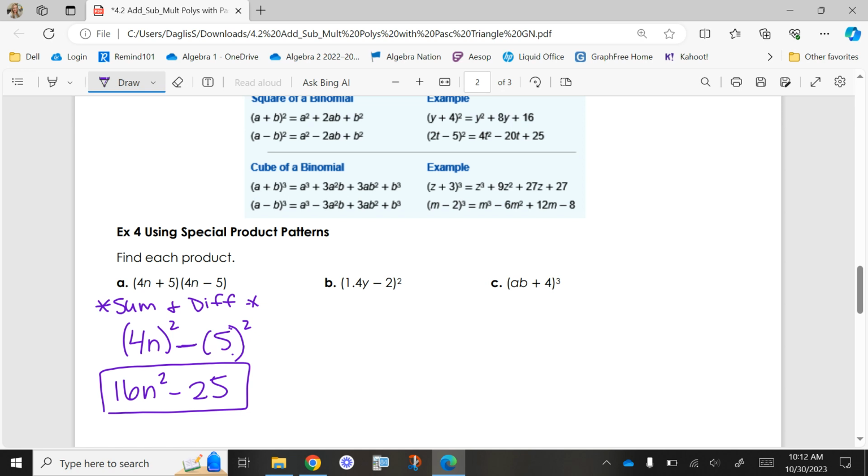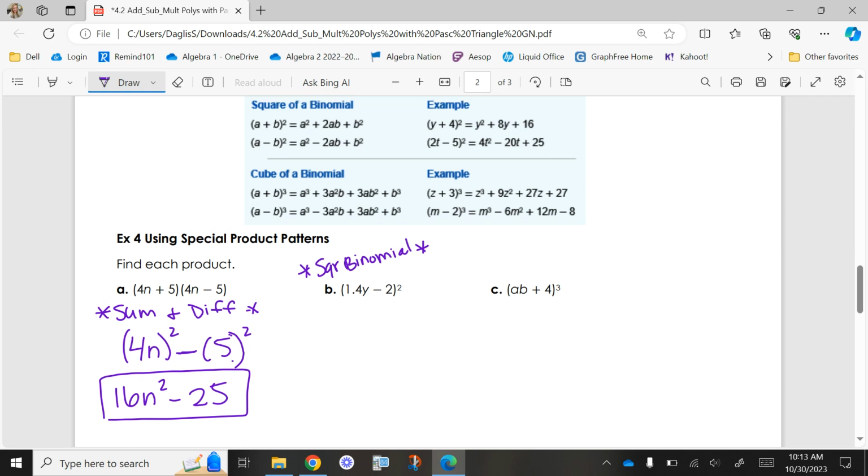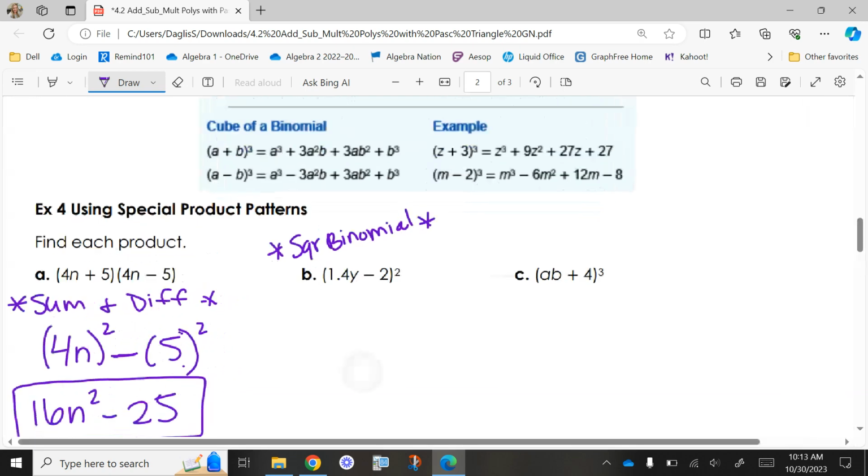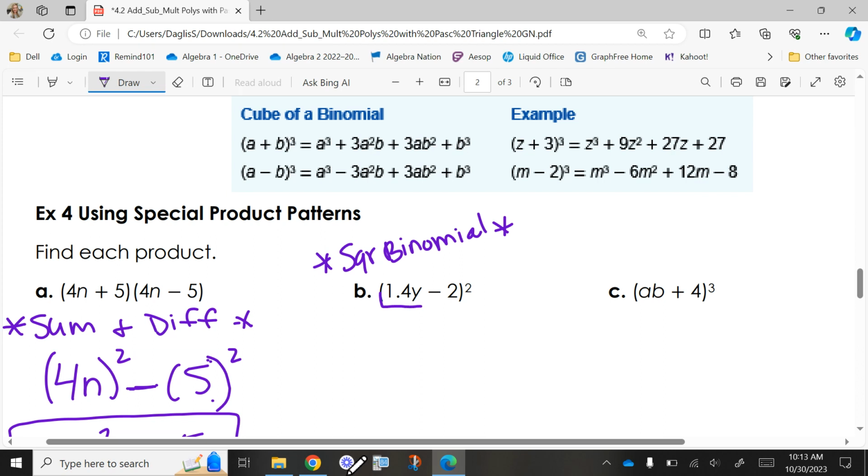All right, what special pattern is my middle one? A square binomial. We're looking at that middle. It is a minus sign, correct? So we're going to do a squared minus 2ab plus b squared. My a is what? 1.4y is my a, and my b is 2.